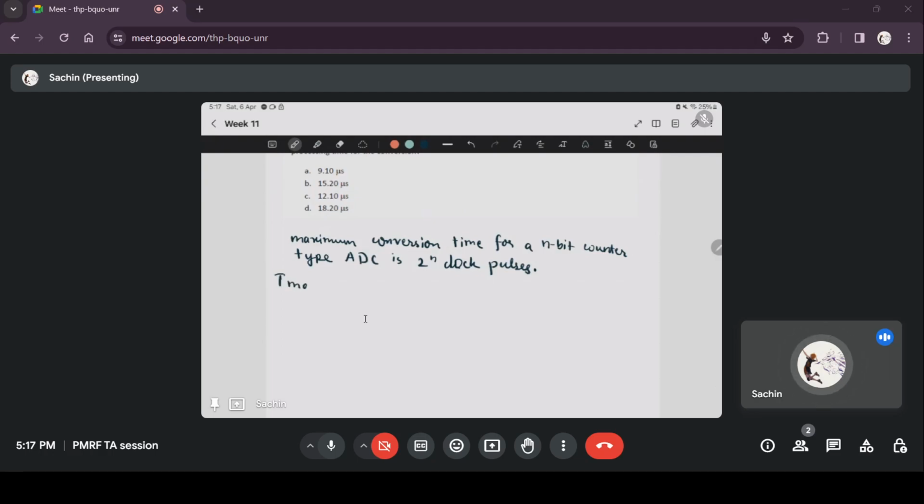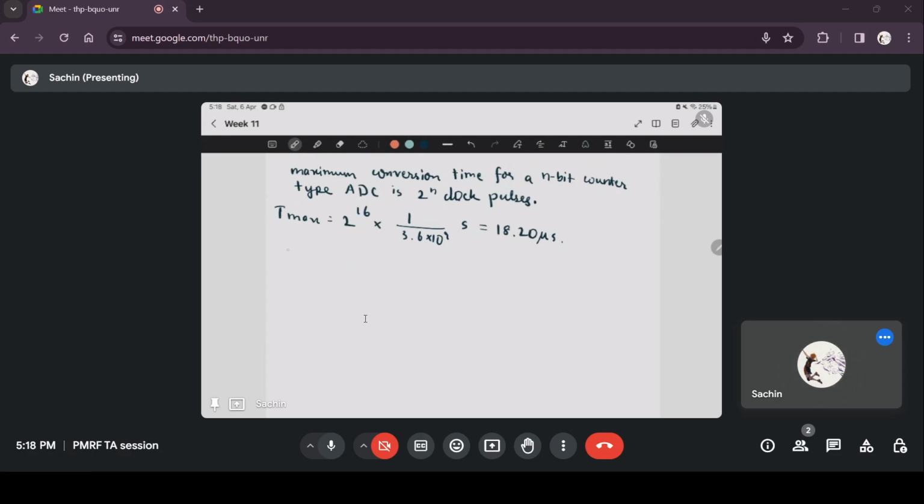So the maximum time period is 2 power 16 clock pulses, and the clock frequency is 3.60 GHz, so the time period of one clock signal is 1 over f, 1 over 3.60 into 10 power 9. So the maximum conversion time is 2 power 16 divided by 3.6 into 10 power 9 seconds, which will be 18.20 microseconds.